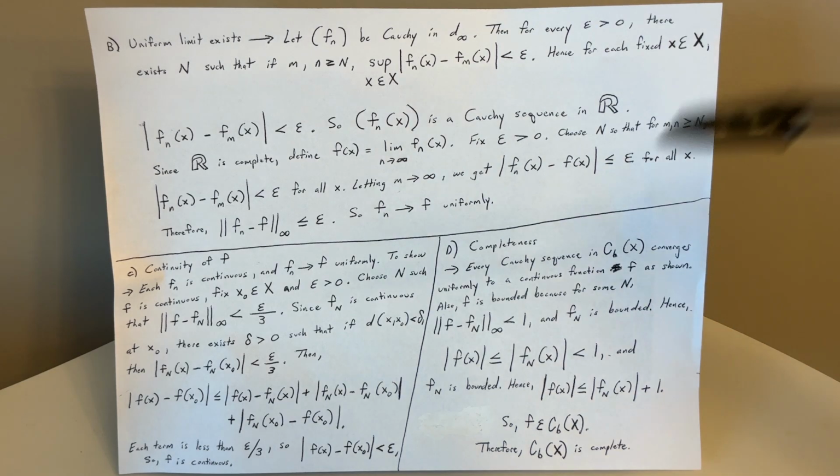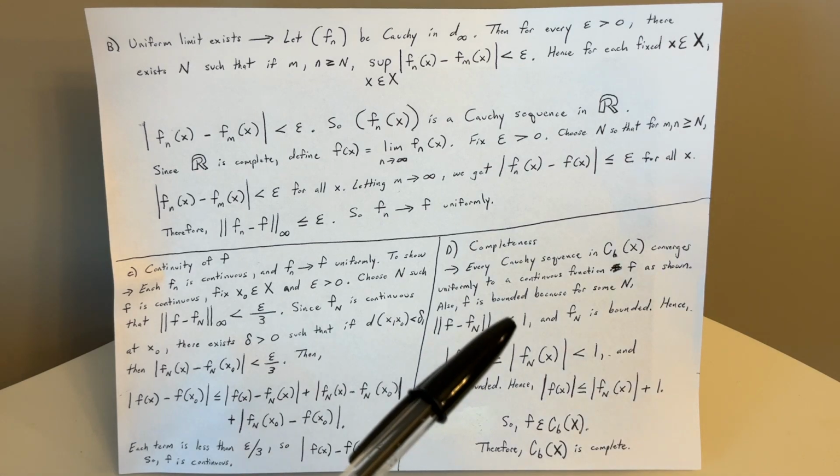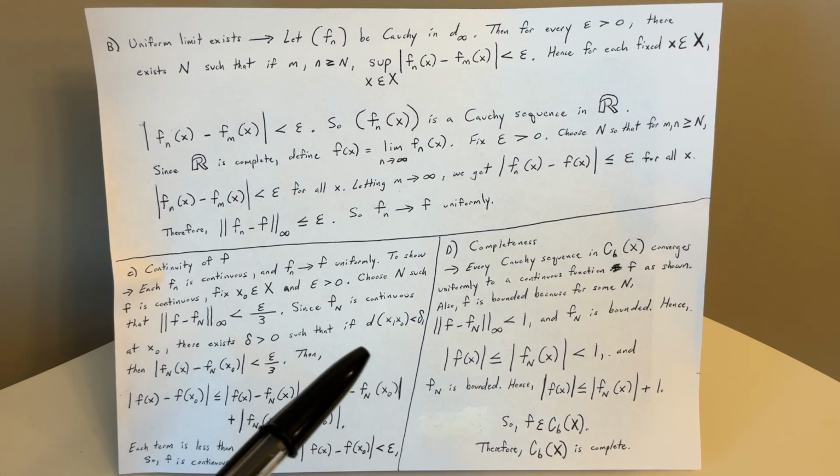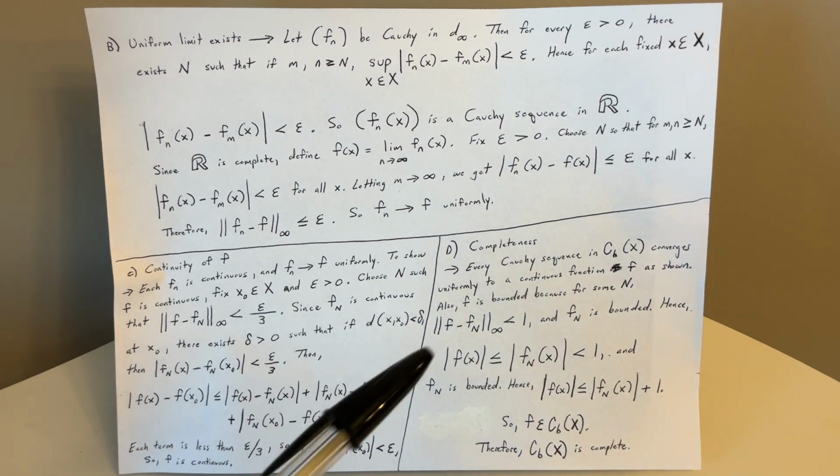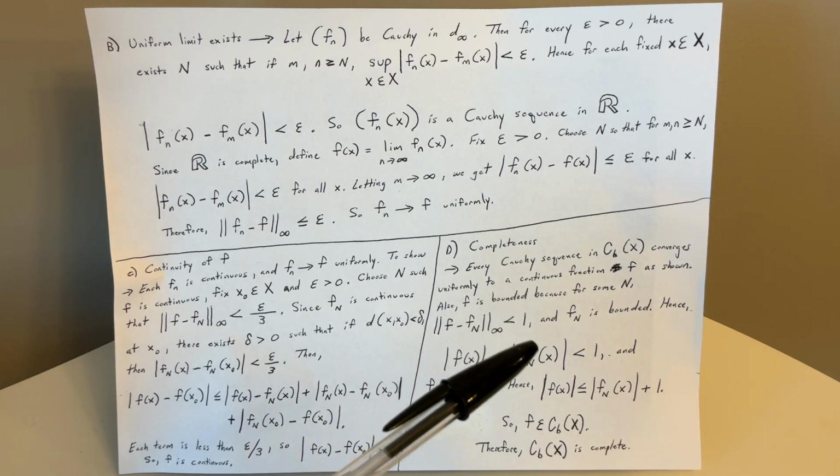So you can say f is continuous. In regards to completeness, every Cauchy sequence in C sub b of X converges uniformly to a continuous function f as shown. Also, f is bounded because for some n, the norm of f minus f sub n, infinity, is less than 1, and f sub n is bounded.